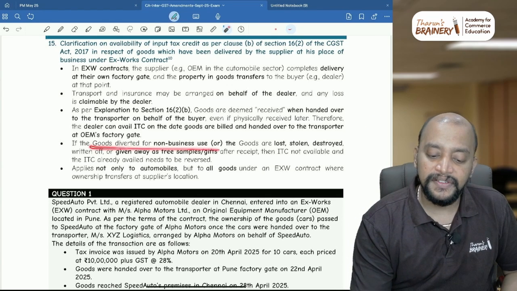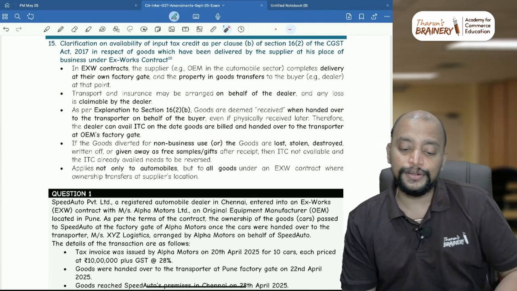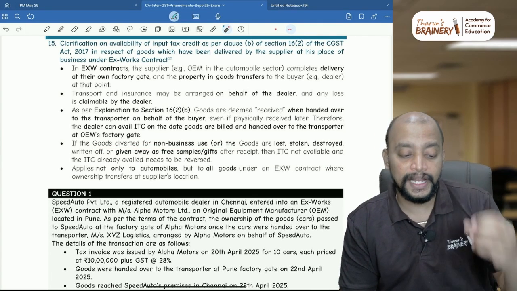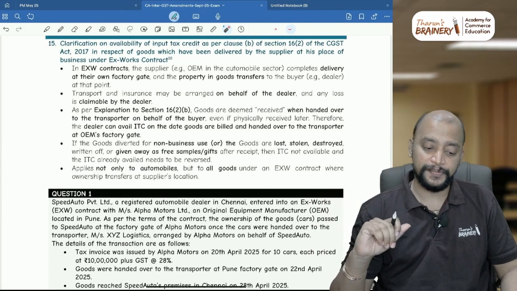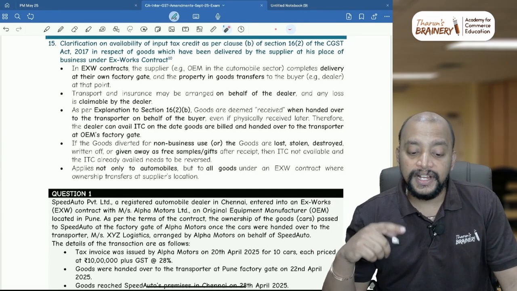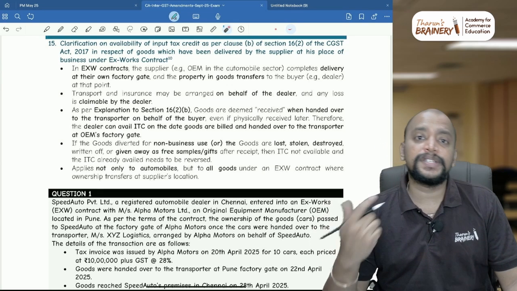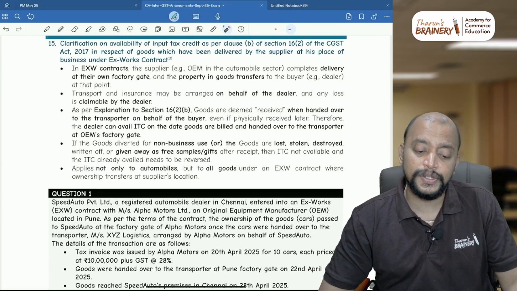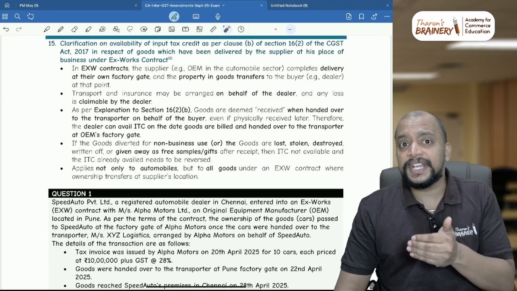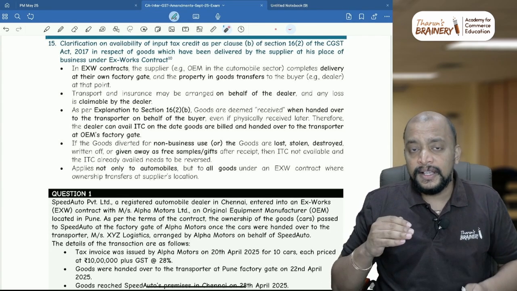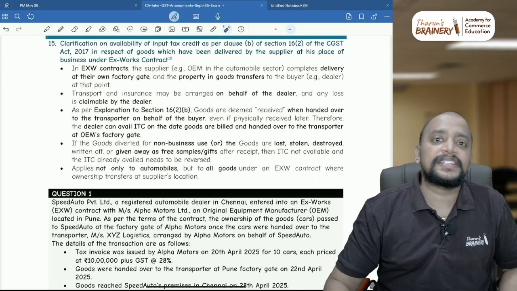If the goods are diverted for non-business use or goods are lost, stolen, destroyed, written off or given away as gifts or free samples. If the goods are diverted for non-business use, what does that mean? Say from July 27th to August 3rd, you have received it for personal consumption.